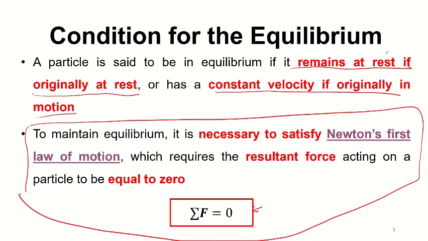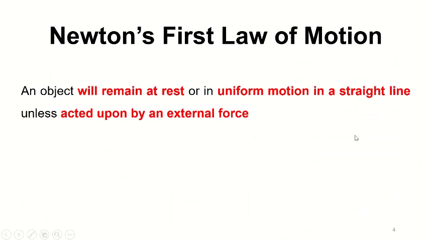To maintain equilibrium, it is necessary to satisfy Newton's first law of motion. What is Newton's first law of motion? It tells us an object will remain at rest or in uniform motion in a straight line unless acted upon by an external force.